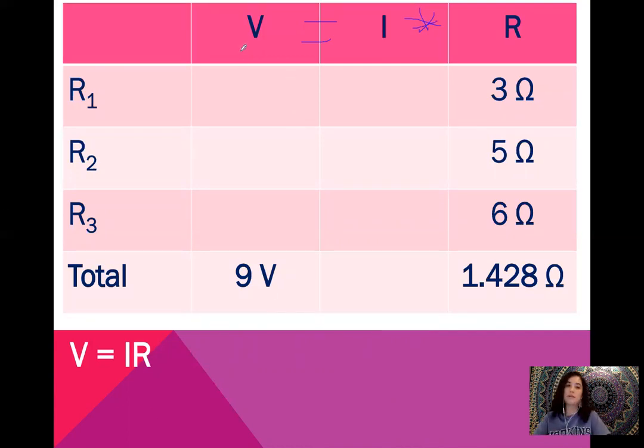So if you remember that these tables are V equals I times R, it just kind of makes life a little bit easier because then you can start looking for your blanks. So we've got this 9-volt battery. We've got this total resistance. Let's find this number right here. We will say 9 equals I times 1.428.